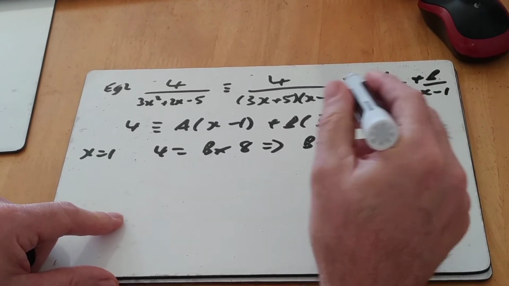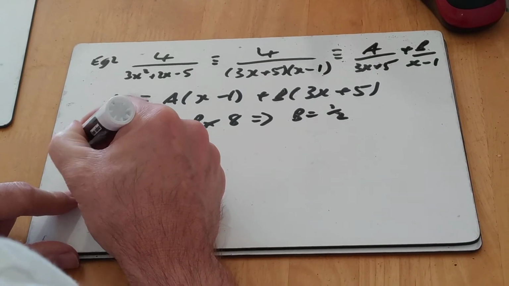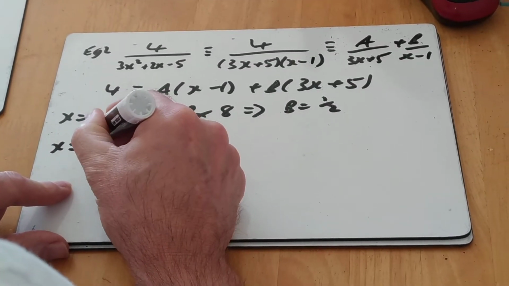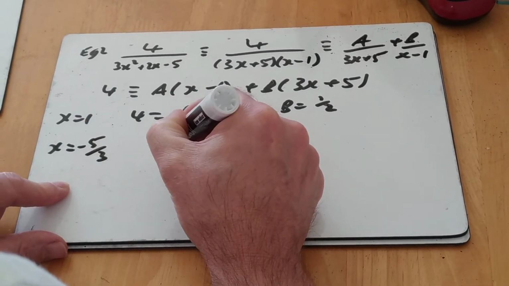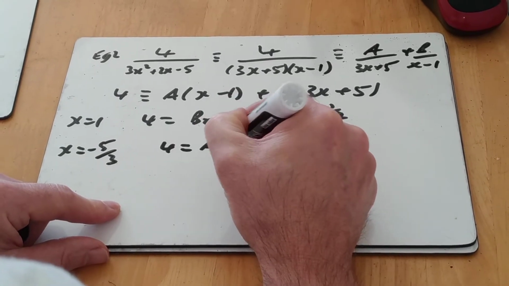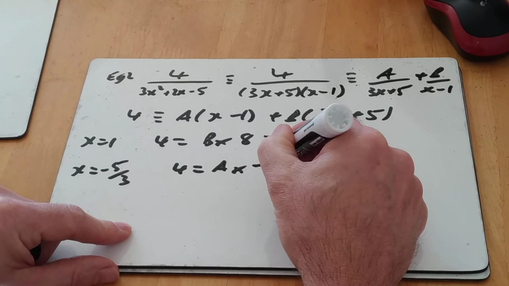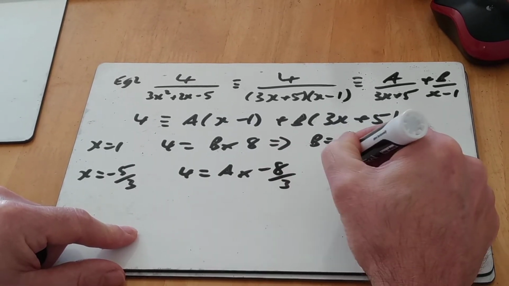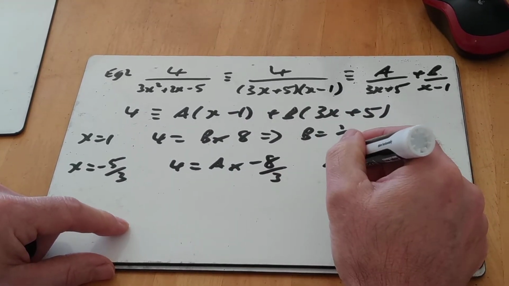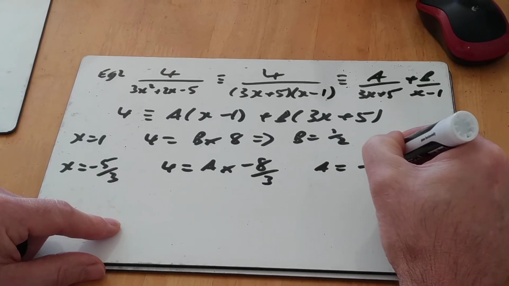Be careful with fractional terms, as we'll see in a moment. x equals minus 5 over 3, still 4 on that side, and A times minus that, minus 8 over 3, and A equals minus 12 over 8, minus 3 over 2.